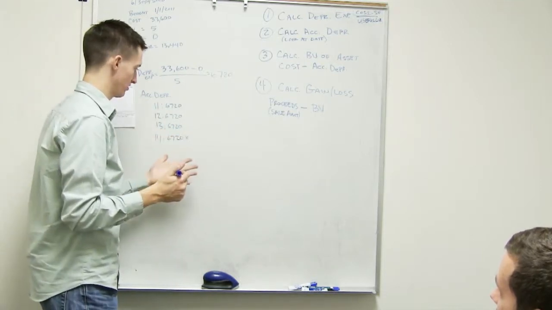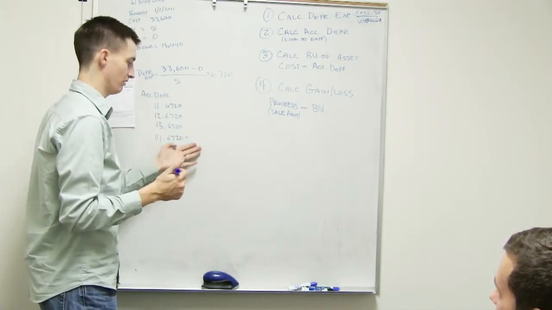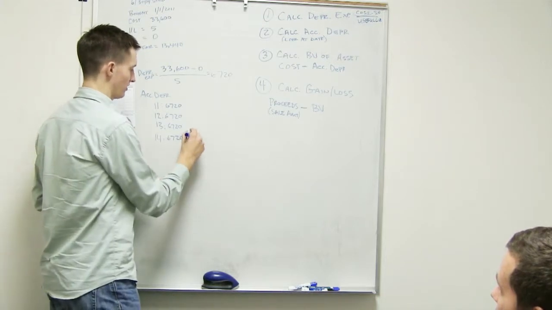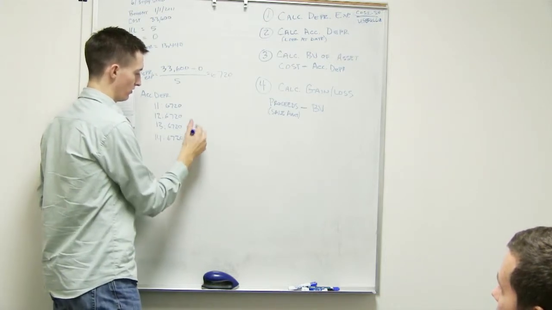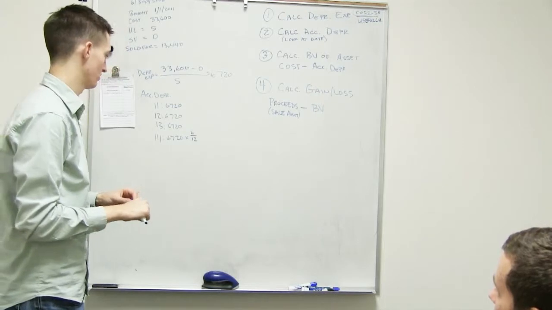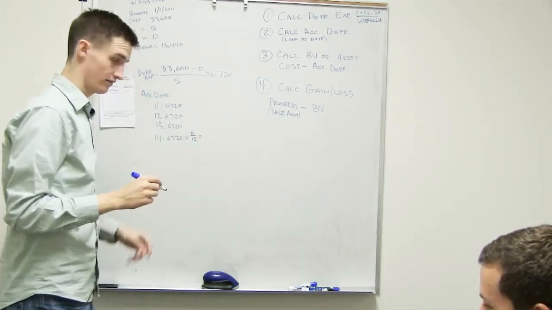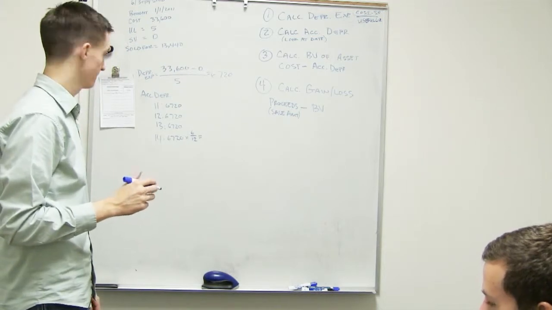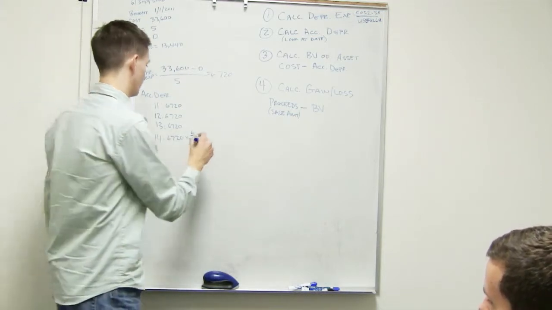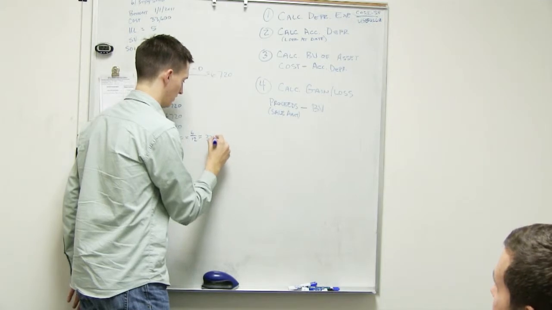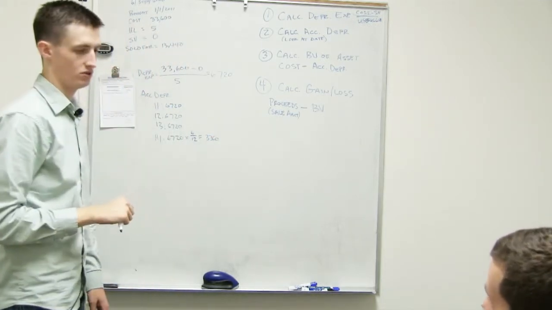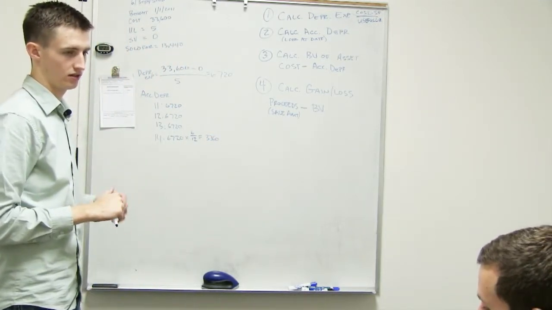What if it had been 5 months? How would we do it? It would be 5 over 12. I just always put it over 12, even though it's half on this one. So that equals what? It's 3,360. Okay. So what's our total accumulated depreciation then?